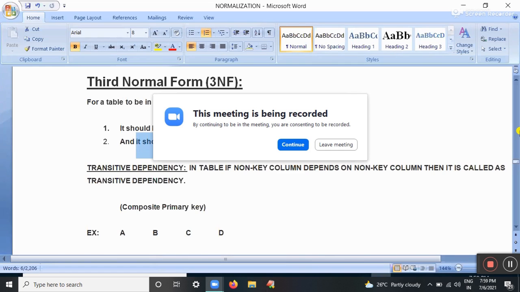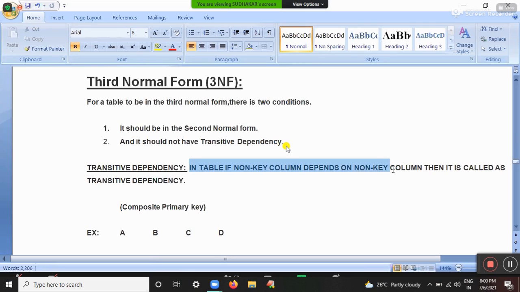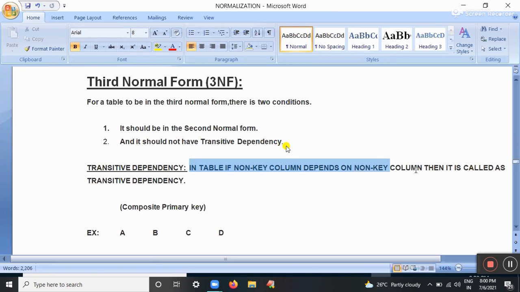Before we go further, first we will check what transitive dependency actually is.